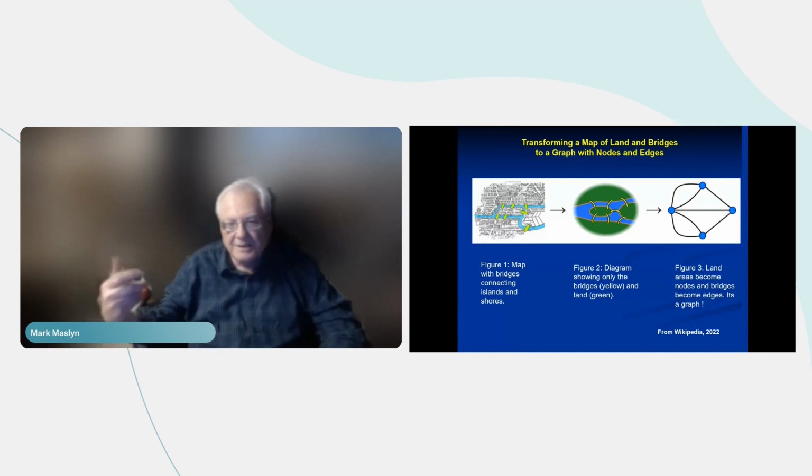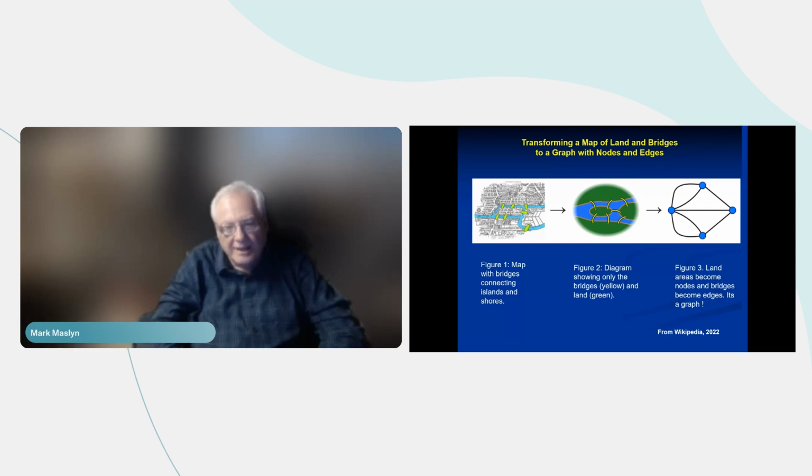The middle diagram of this shows only the bridges, yellow, and then the land, green. So we're getting there, but we have to go one more step further. We have to take what we're looking at in diagram 2 and convert it to a graph. And that became the picture that you see in figure 3.